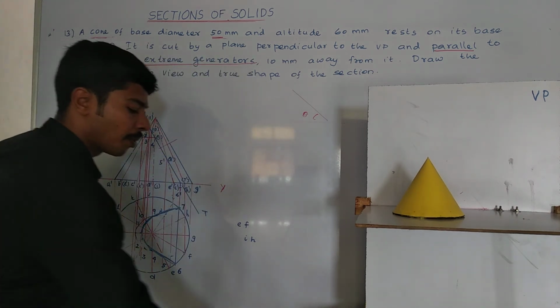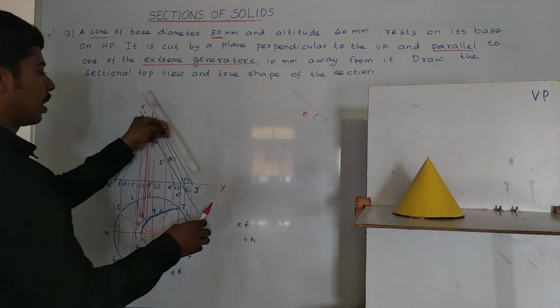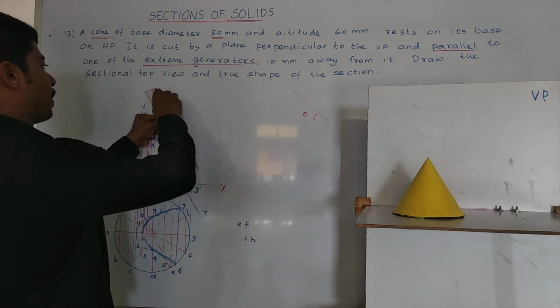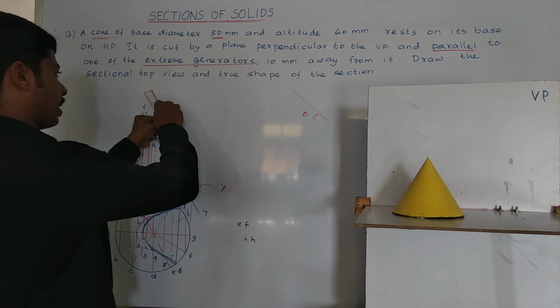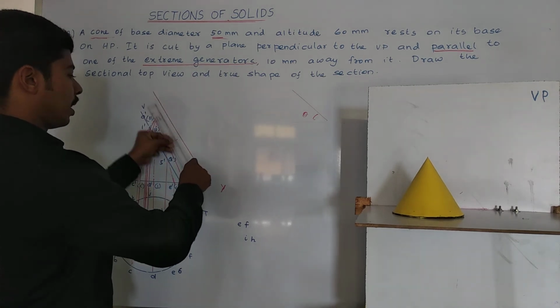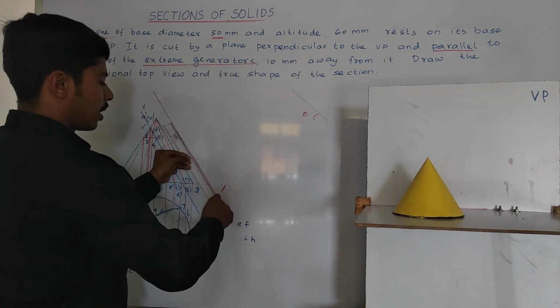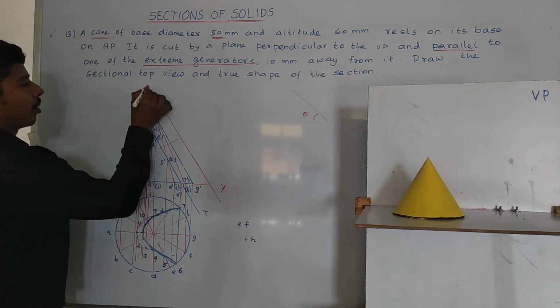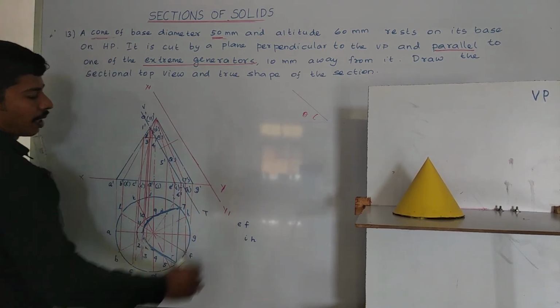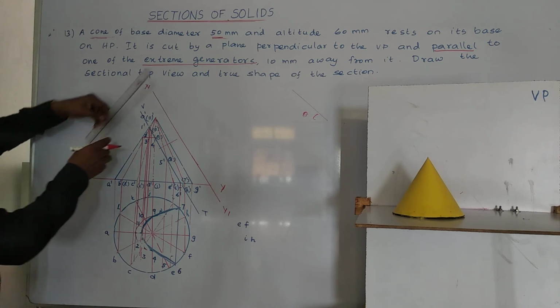Then to find the true shape of the section, draw a reference line which is parallel to the section line. So this is our new X, Y. Then project all the points.